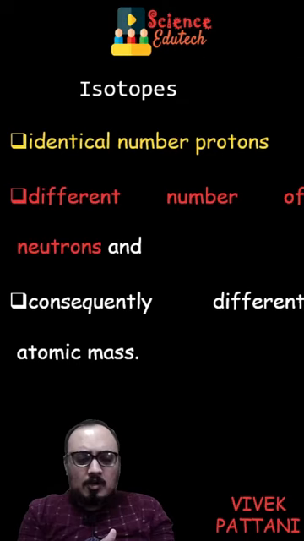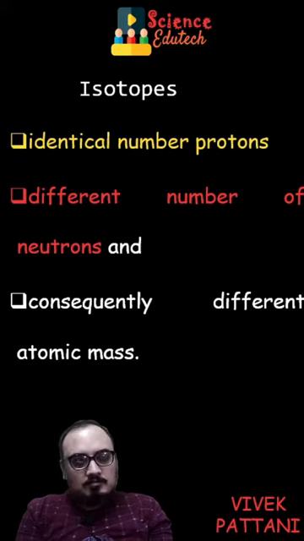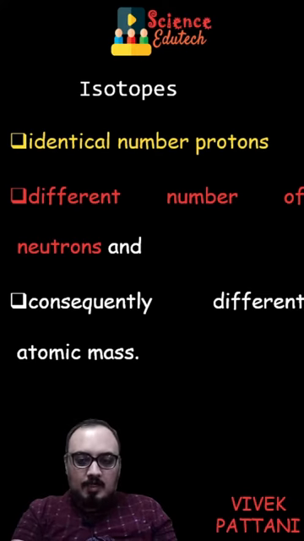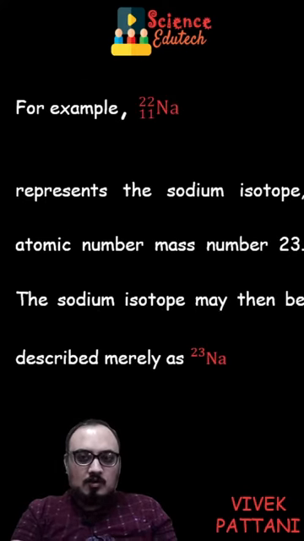The number of stable isotopes that elements possess varies widely. For example, in the case of calcium, there are about 6. In the case of carbon, there are about 3 isotopes.